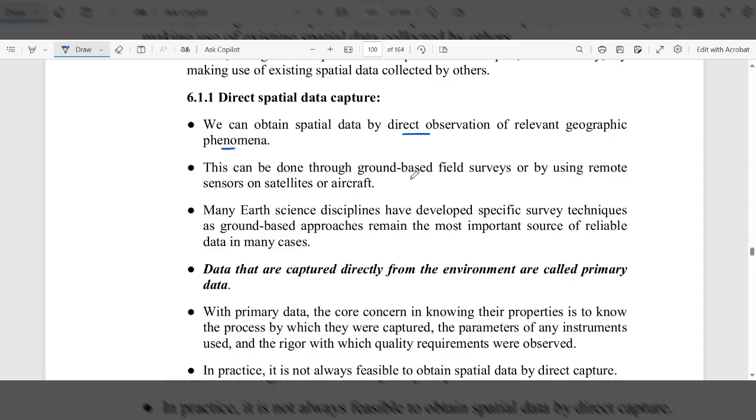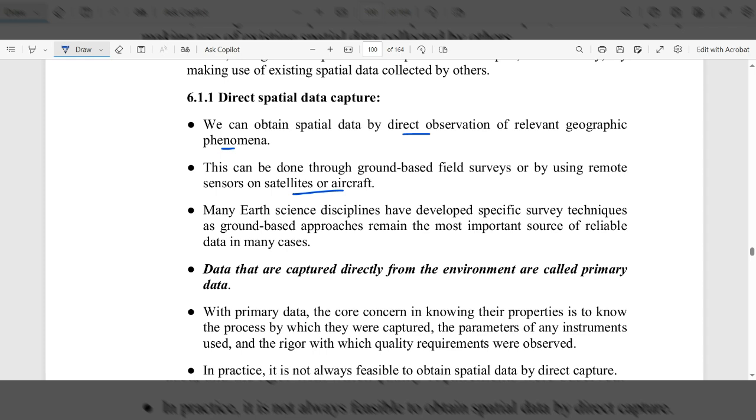So this can be done through ground based field survey or by using remote sensors or satellites or by using aircraft. So many earth science disciplines have developed specific survey techniques as ground based approaches remain the most important source of reliable data in many cases.